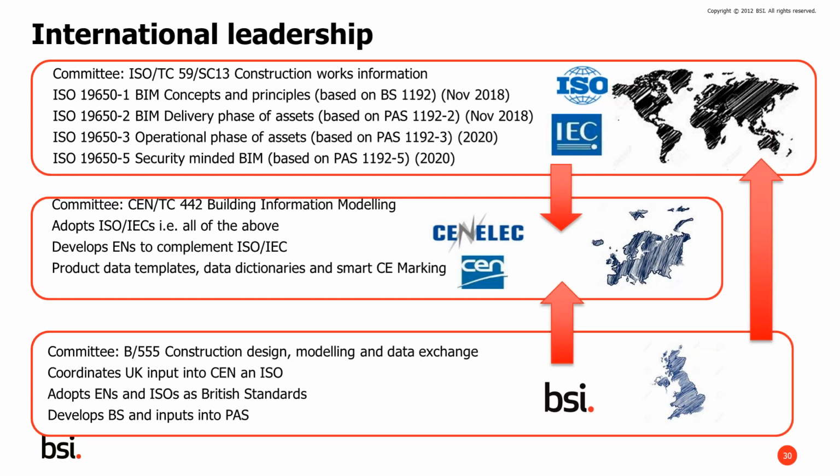This is something that BSI, as the UK NSB, has been working with industry to ensure happens, so that we don't have divergent European standardization happening alongside global standardization. So it will be adopting all of those standards I talked about previously at ISO as European standards. It also develops European standards to complement any ISO and international work if they aren't being developed internationally.